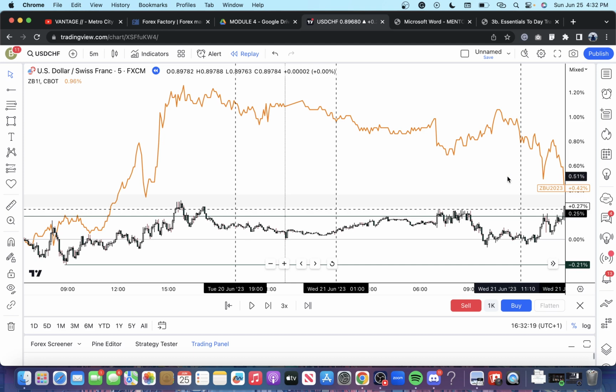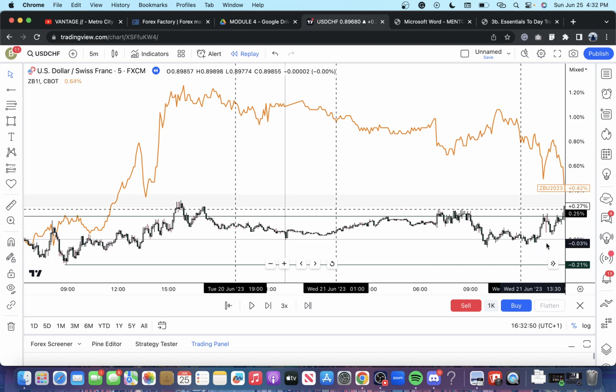So as we are running higher on USDCHF, remember the base currency is dollar, and then the quote currency is Swiss franc. So if we're looking for lower prices in USDCHF, treasuries should be doing what? Should they be going higher or lower? They should be going higher, right? Because higher treasuries means a lower dollar. And if we're looking for lower dollar, that means consequentially that USDCHF should be weaker.